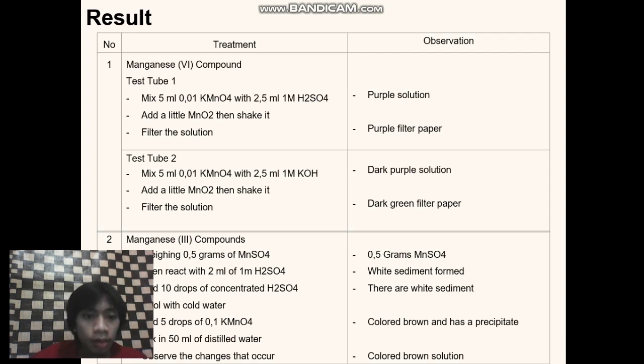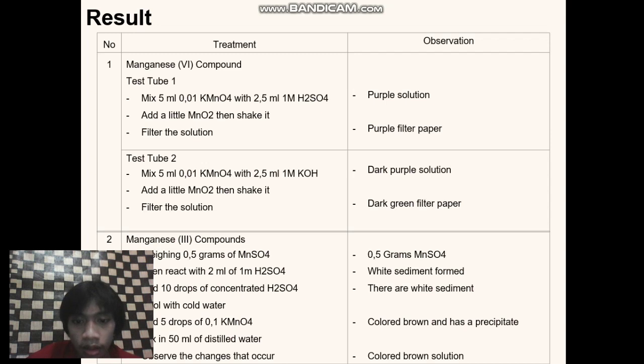And treatment number 2 is the manganese 3 compound. First, weighing 0.5 gram of manganese sulfate. Then react with 2 ml of 1 M sulfuric acid. Observation: white sediment forms. Add 10 drops of concentrated sulfuric acid.